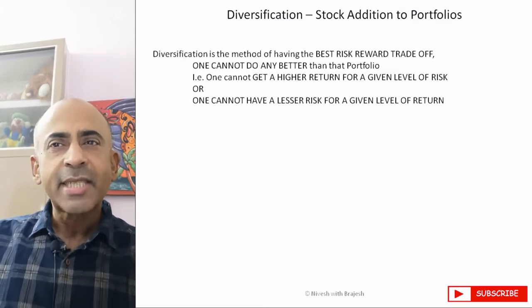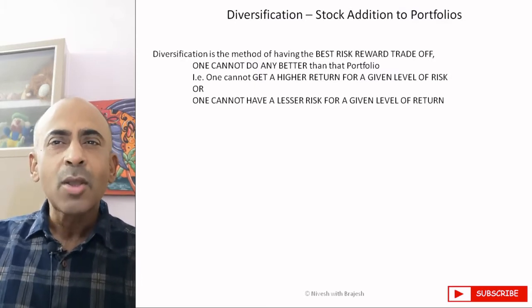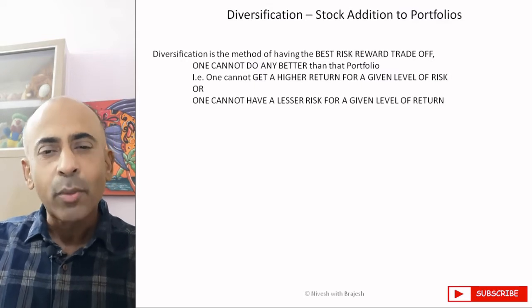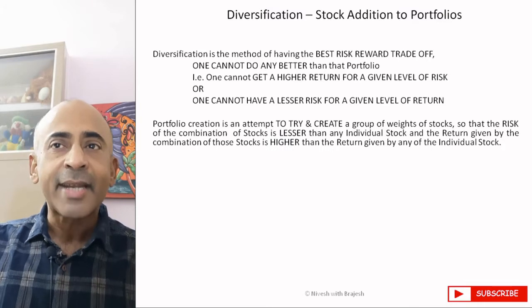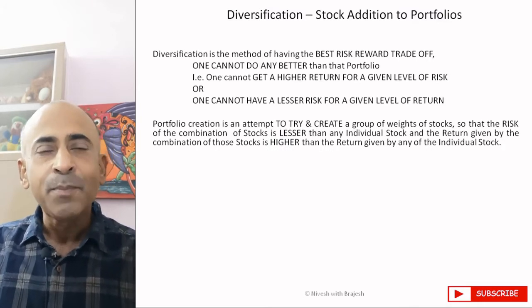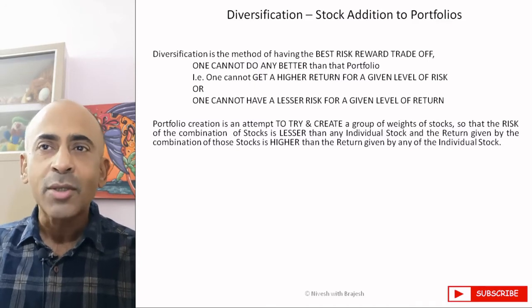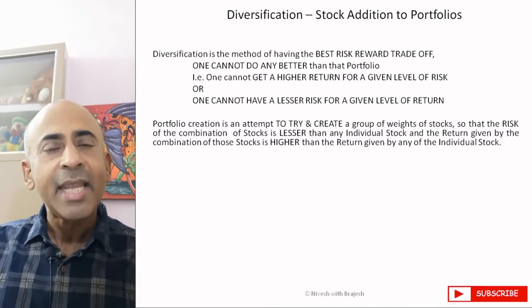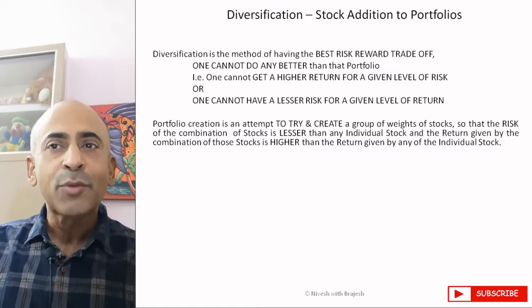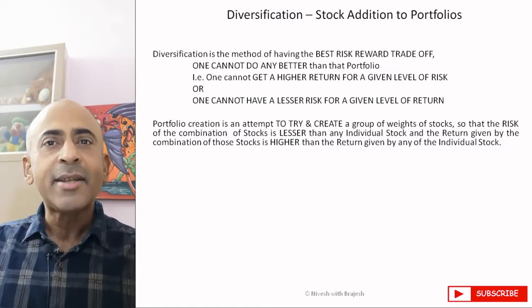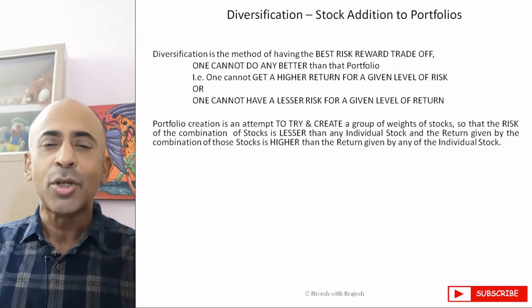So it is based on the assumption that all the investors want higher returns and lower risks or volatility. Portfolio creation is an attempt to create a group of weights of stocks so that the risk of the combination of stocks is lesser than any individual stock and the return given by the combination of those stocks is higher than the return given by any of the individual stocks.